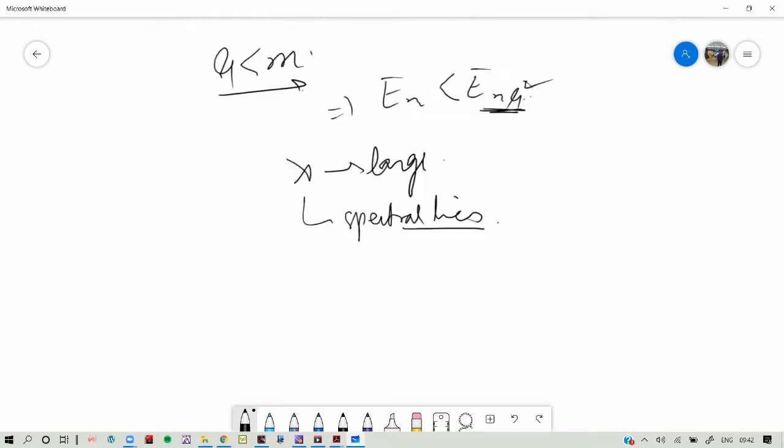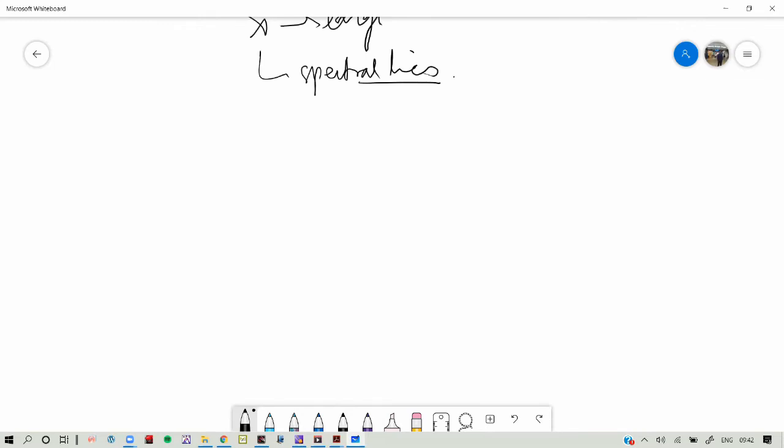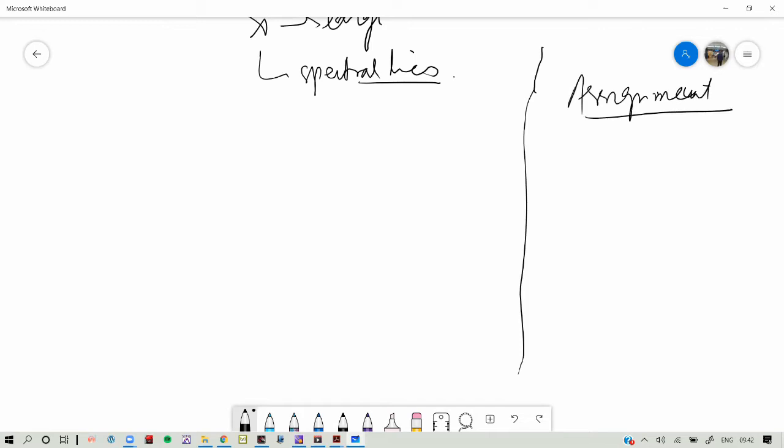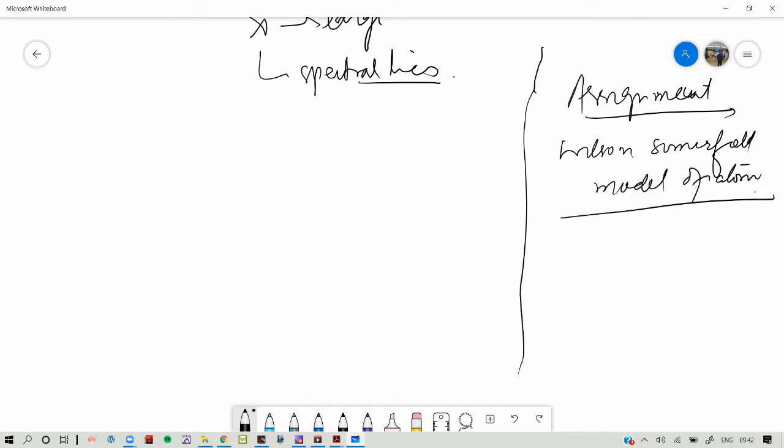Then there are further modifications to Bohr's theory. There are some limitations to it, then the probabilistic interpretation, then Sommerfeld theory. Sommerfeld modified Bohr's theory. I will not go into the detail of Sommerfeld; rather, I will give you this assignment: the Wilson-Sommerfeld model of atom. This is for you people to do.